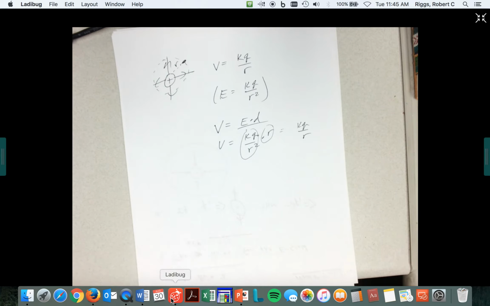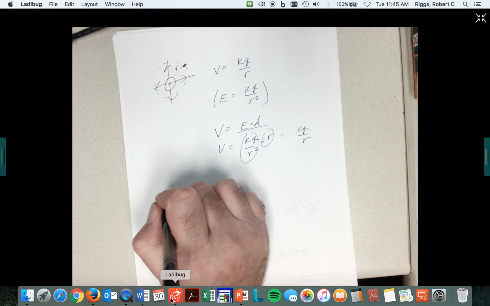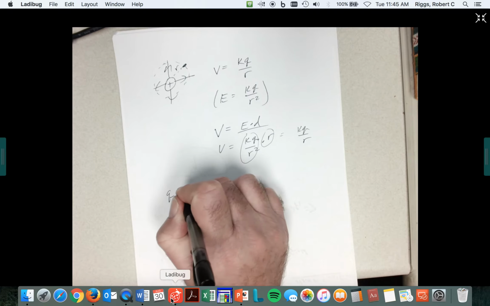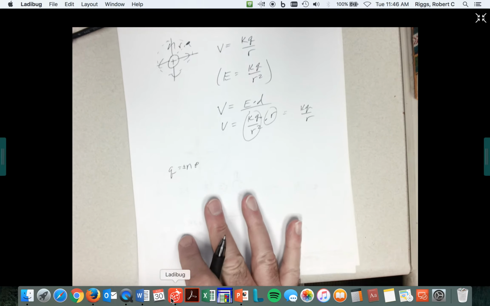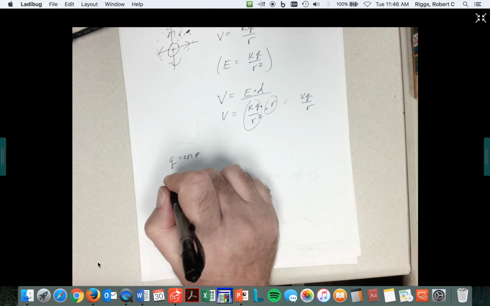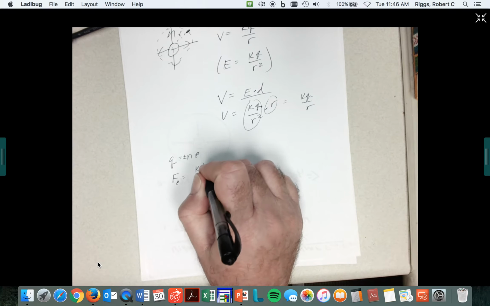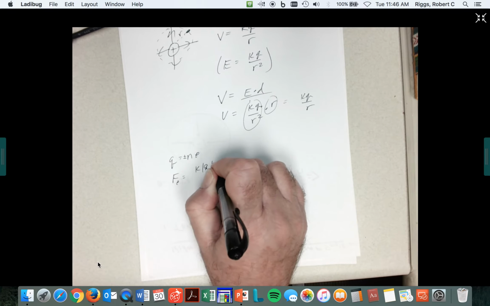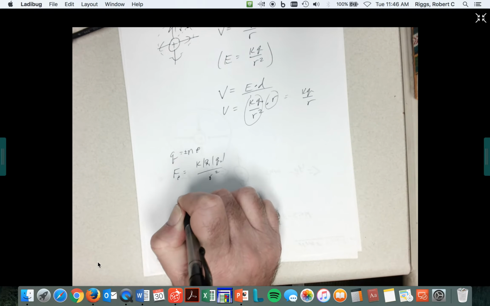So we've got all kinds of equations floating around right now. We've got the amount of charge is equal to plus or minus n times the charge of an electron or proton. The first thing was the force of the electric field is kq1q2 over r squared. We learned that the electric field can be written in two ways.